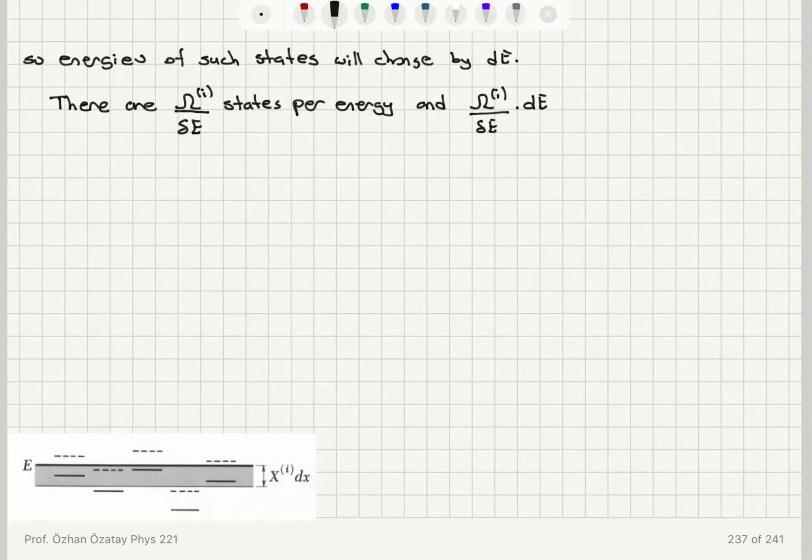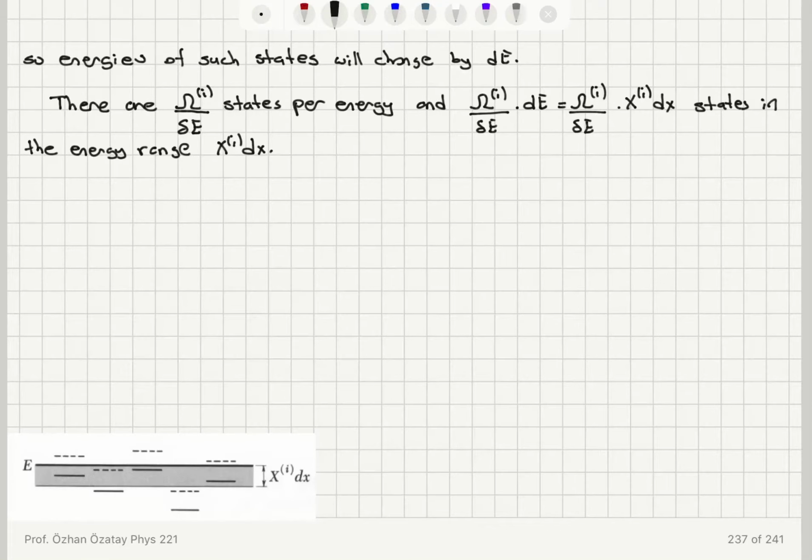The total number of states will be omega i divided by delta E multiplied by xi dx states in the energy range xi dx.